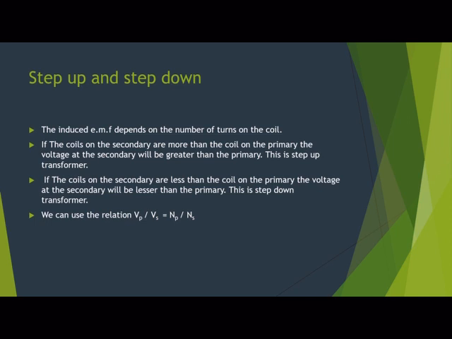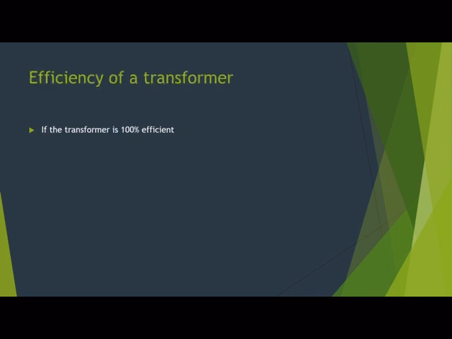Depending upon what the input voltage is and what output voltage you want, you can decide the number of turns in primary and secondary. A transformer is considered to be 100% efficient, which means power input equals power output. Electrical power is given as voltage times current, which means V_in × I_in equals V_out × I_out.